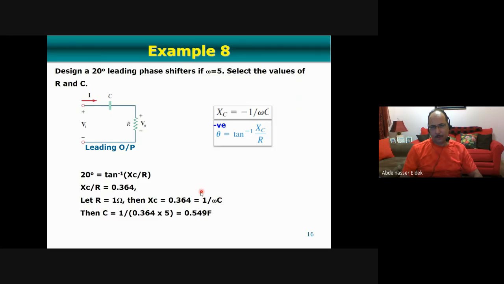I know that Xc is 1 over omega C. This is the amplitude. I'm not talking about j here, I'm talking about the absolute value. The amplitude is 1 over omega C, and omega is 5.